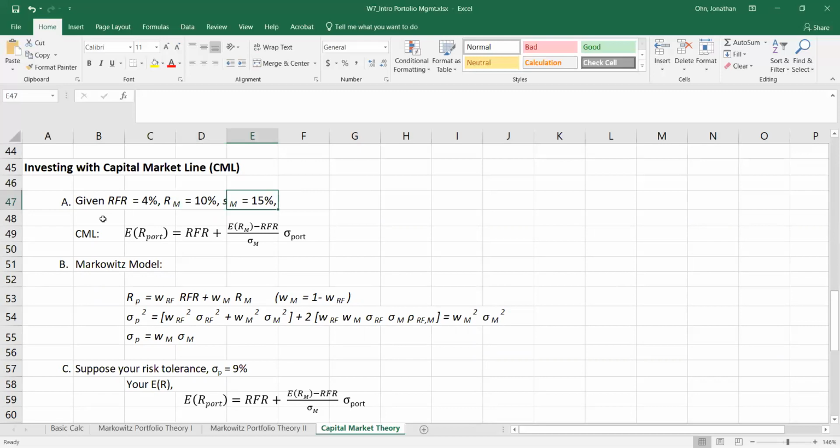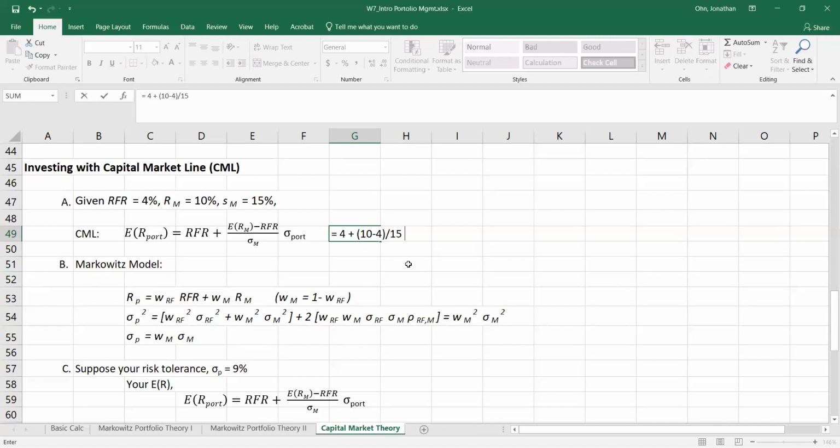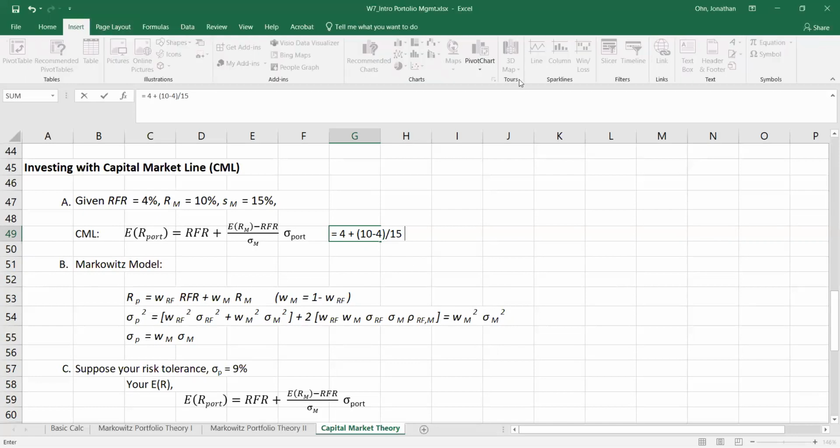The capital market line is simply the risk-free rate of return, 4, plus 10 minus 4 divided by 15, that is the slope, times sigma.